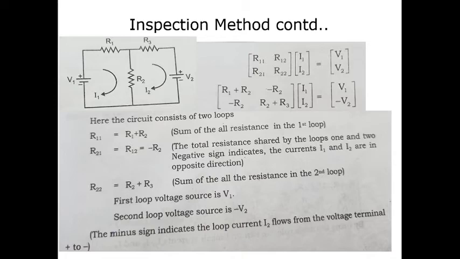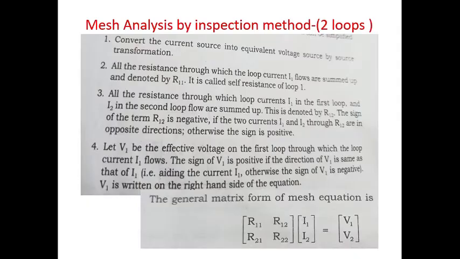We can do this again by the inspection method also. Mesh analysis by inspection method: there are two loops we can see for the first case. How to do this: convert the current source into an equivalent voltage source. If there is a current source, we have to convert it into an equivalent voltage source.